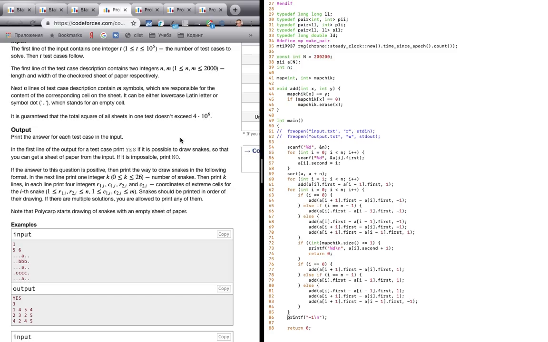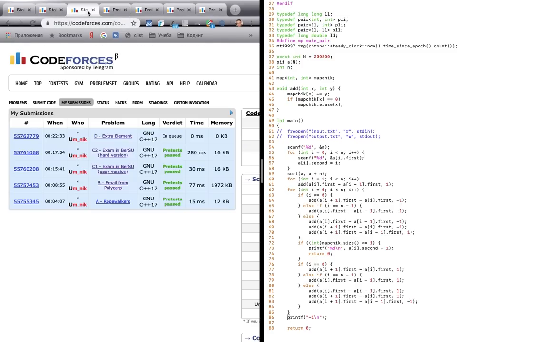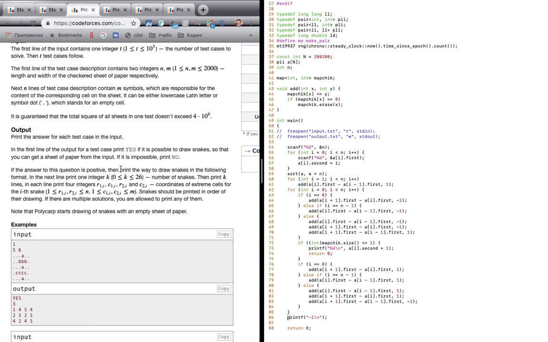So we have some rectangular piece of paper, and we draw no more than 26 lines on this piece of paper. Each line is denoted by a lowercase Latin letter. We draw them in order A, B, C, and so on.